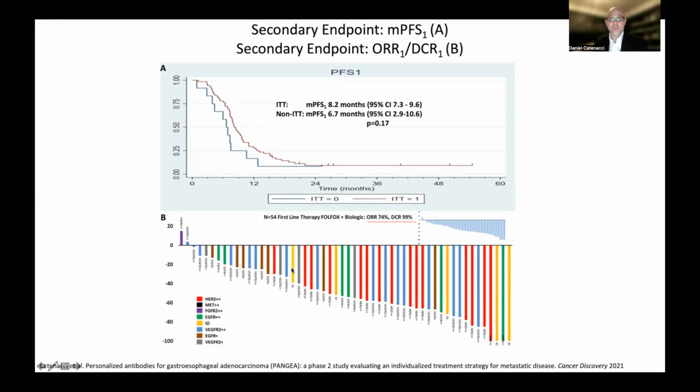This is better than would be expected in the historical setting of just chemotherapy or chemotherapy plus trastuzumab for HER2-positive cancers. You can see by color code the molecular assignment of each of the patients, and by color coding, their treatment assignment, and that each of the treatment groups contributed to this remarkable overall response rate.